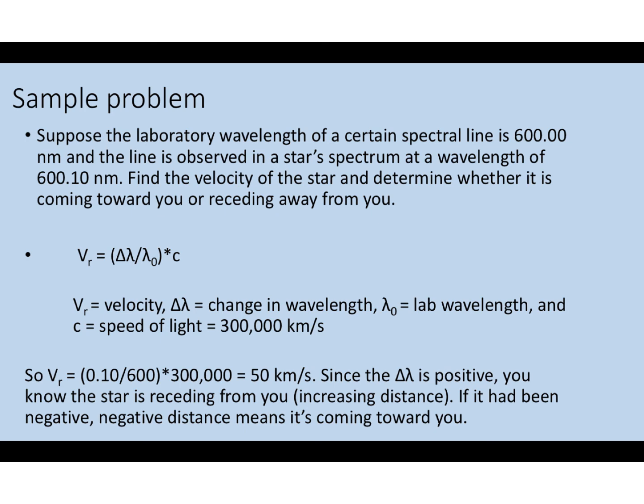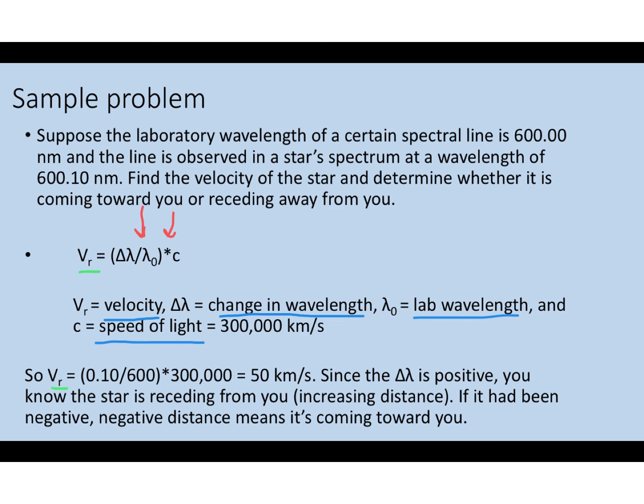Now, this equation might look a little scary too, but it's really just a division followed by a multiplication. Velocity equals change of wavelength divided by lab wavelength times the speed of light. So VR is what we're looking for.